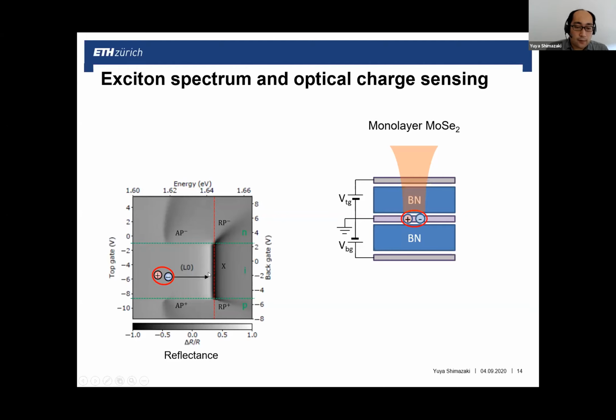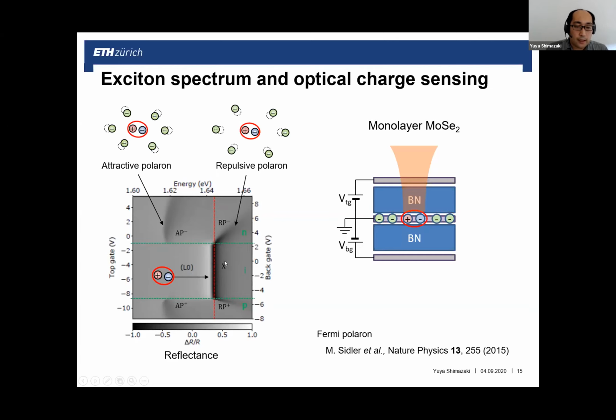In the neutral regime, we see this exciton resonance. If we dope electrons, we see this blue shift of the exciton energy, and then we see an additional resonance here. These two we attribute to an exciton which repulsively interacts with the Fermi sea carriers, which we call the repulsive polaron.